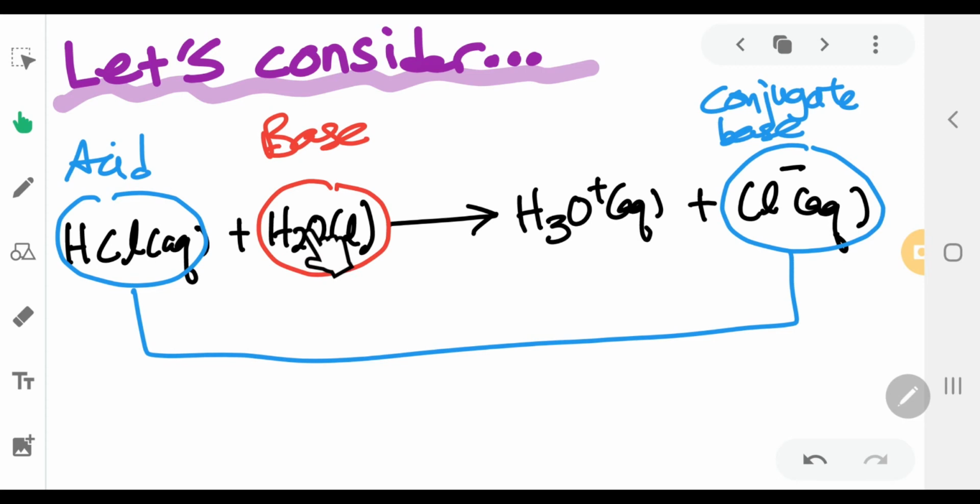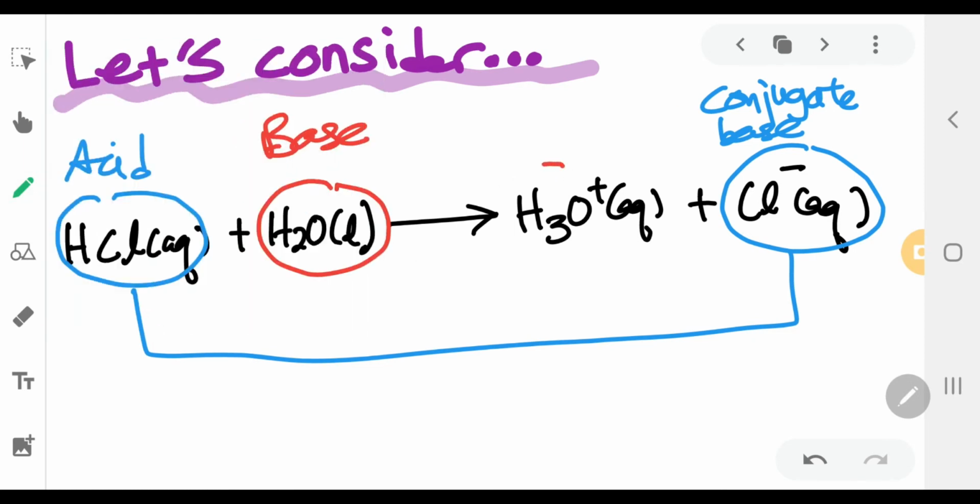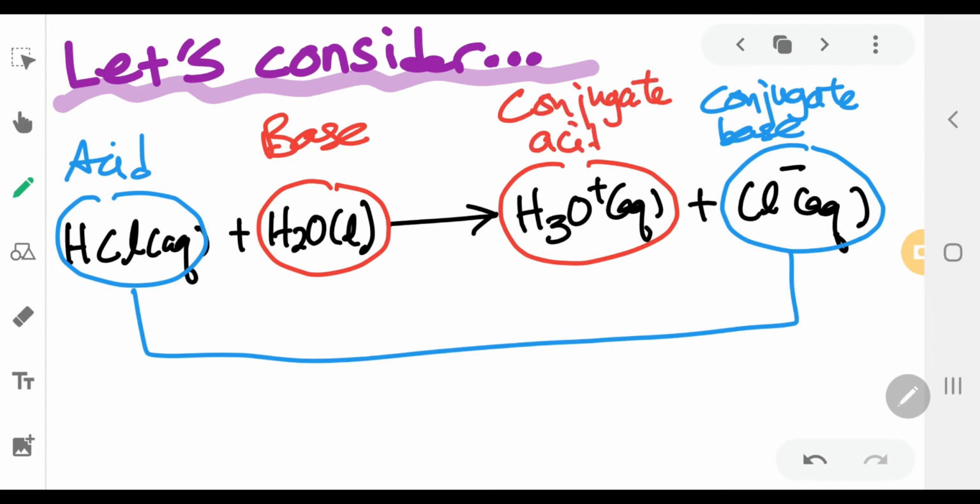So after the reaction moves forward, from base, it will be your conjugate acid. Therefore, this is the pair.